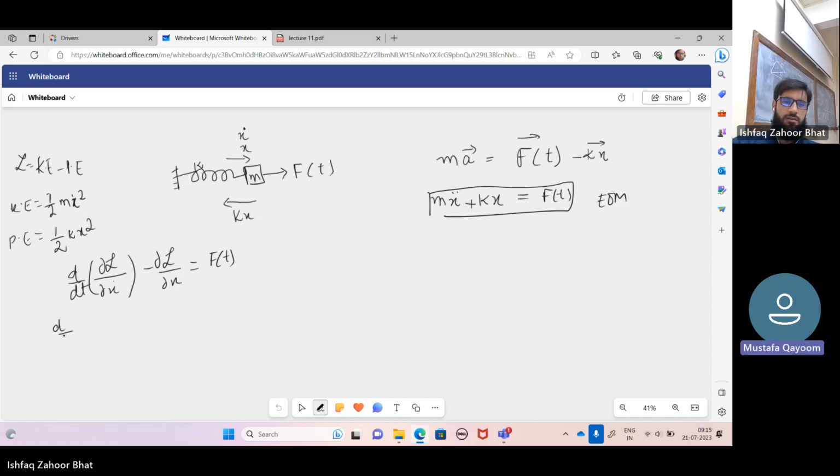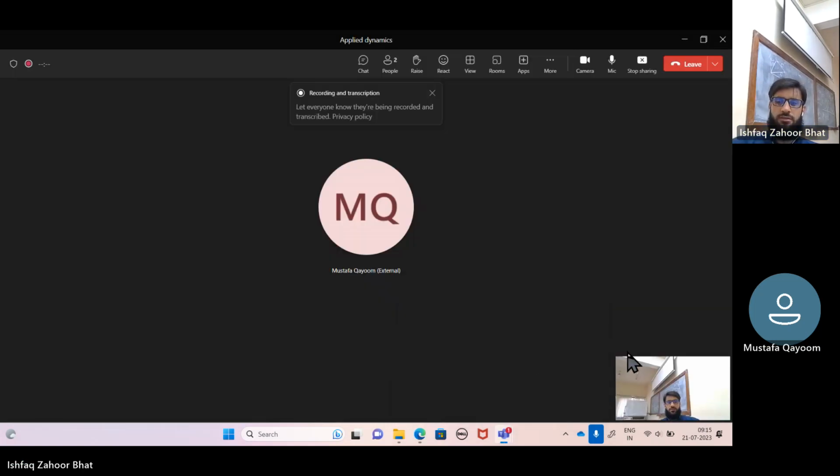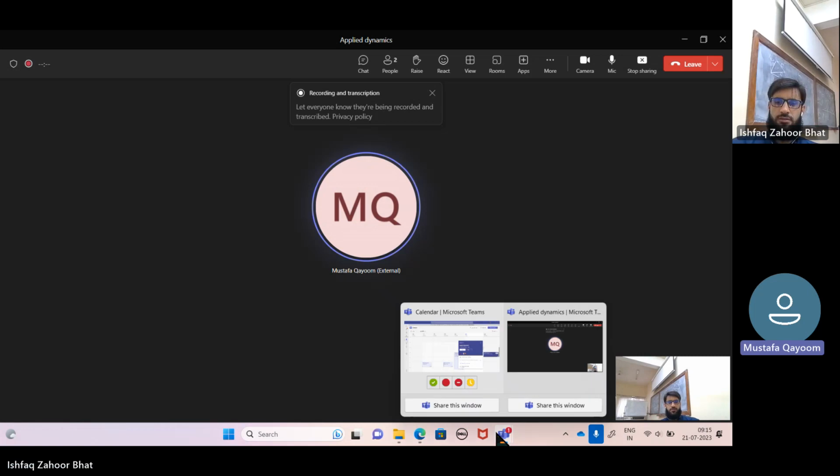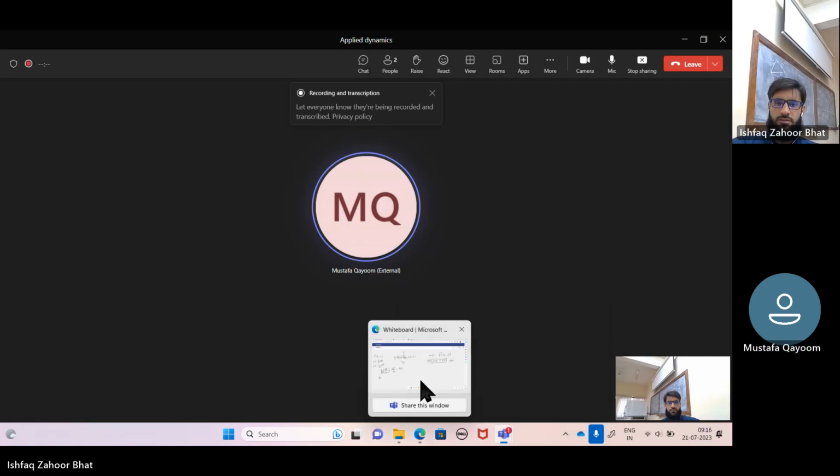Sir, what you are writing is not visible. The cursor is not moving. It is only showing the spring and the mass and f of t, and on the right side ma is equal to f of t.